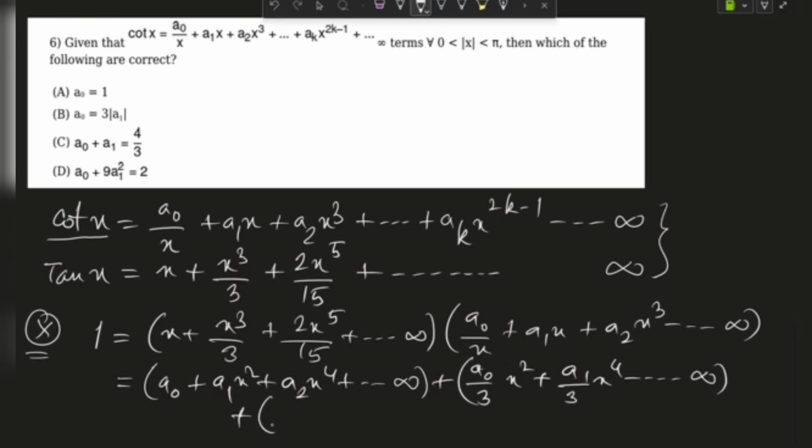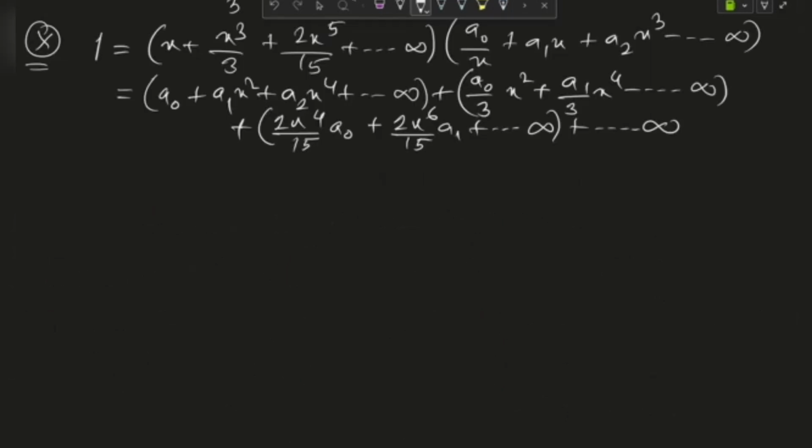Next, this will become 2x power 4 by 15 times a0, plus 2x power 6 by 15 times a1, also till infinity. Although I guess we will not need till here, I am still writing. I will change the page.